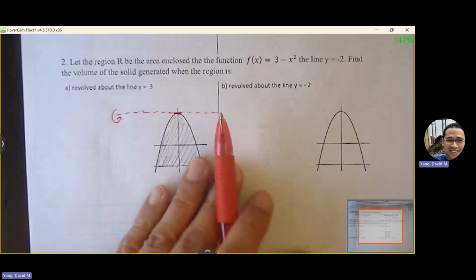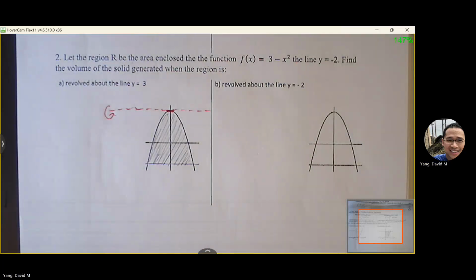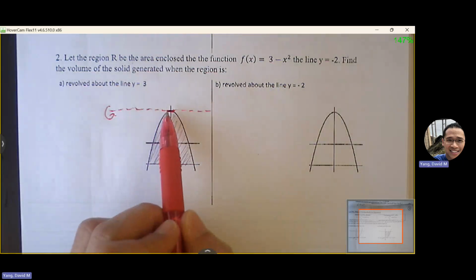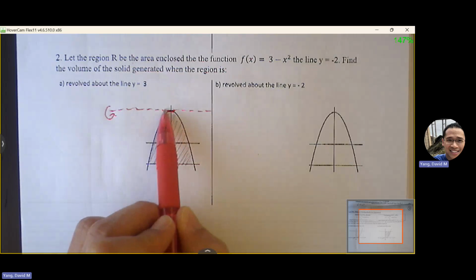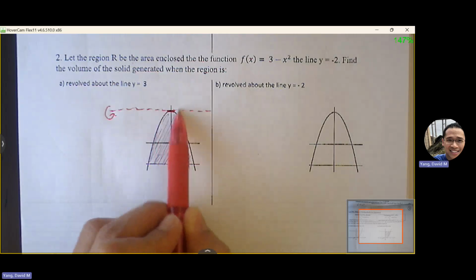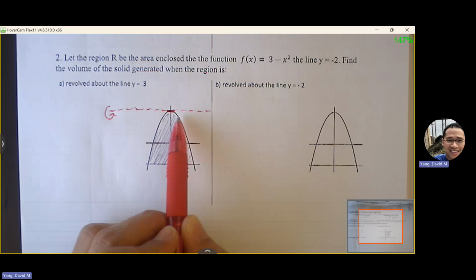Disk or washer method? Yes, Nick. I mean, it's definitely touching. Is that good enough for it to be the disk method? It's got to be a flat surface, right?